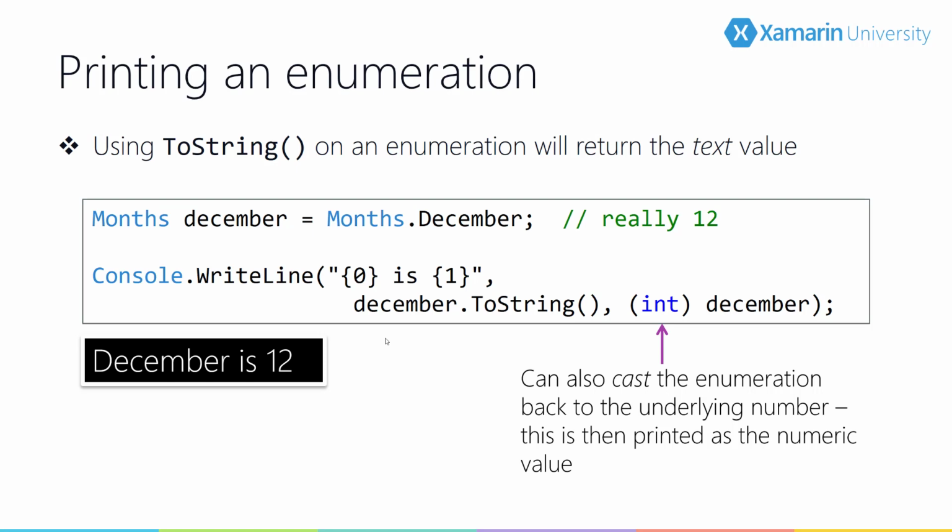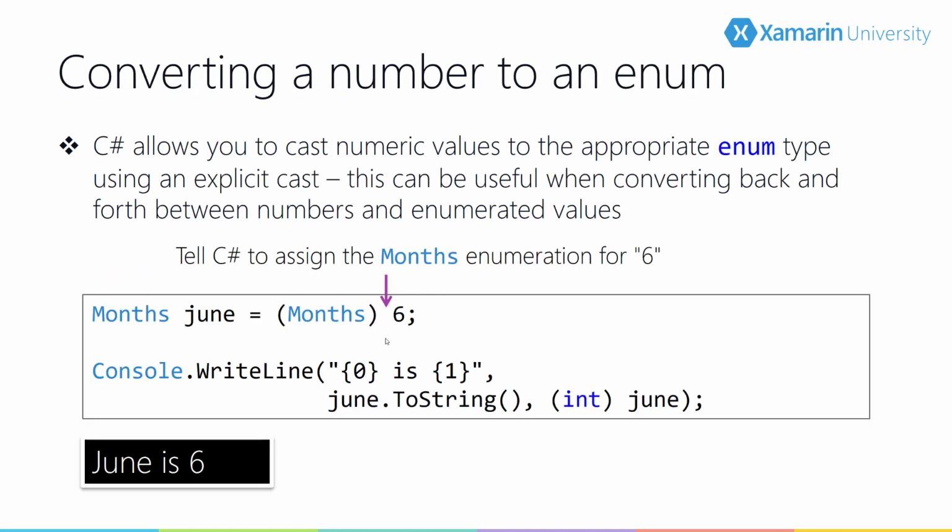Now I can also cast the other way. So in this example, you can see I created a variable of type months again, and I'm trying to assign it to the value 6. Well, we know 6 is June, but if I want to actually do that, I need to cast that integer to a months. So by saying months 6, this will now store the enumeration value for June inside this variable, and then I can reprint it out here.